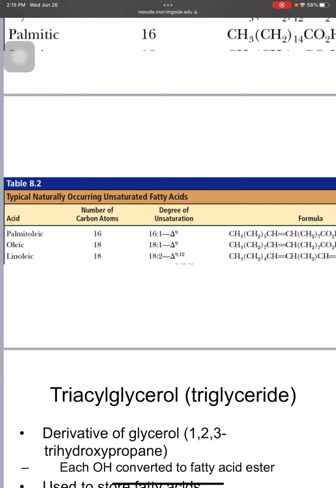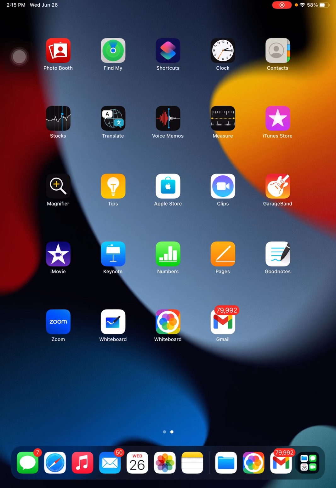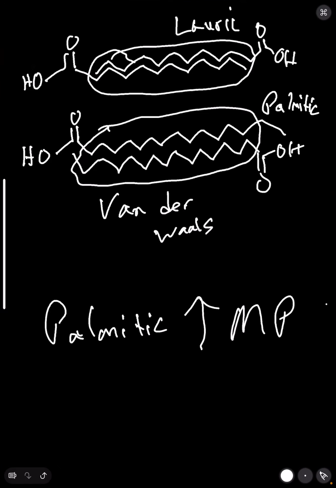Do you see the same linear increase in melting point that we saw with the previous 5 acids? The answer is no, right? That's because we're introducing a new factor here. Here we're introducing degrees of unsaturation. We're introducing double bonds.